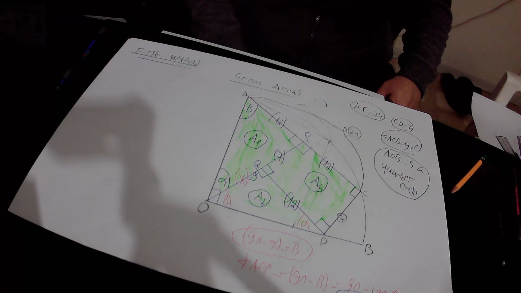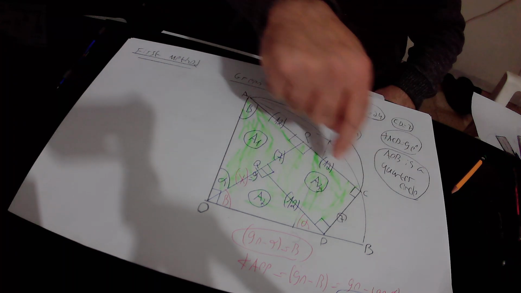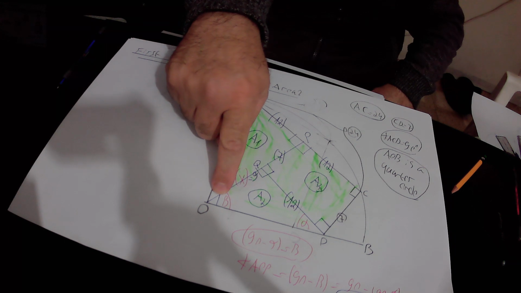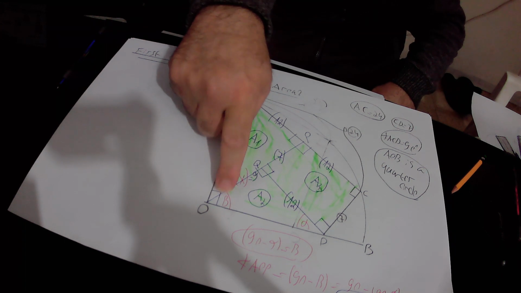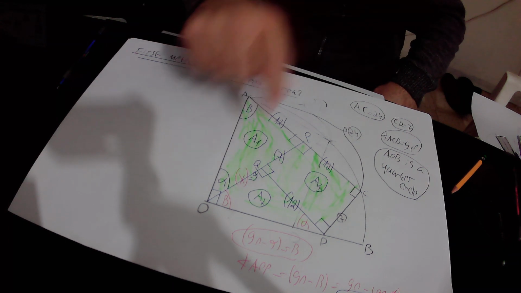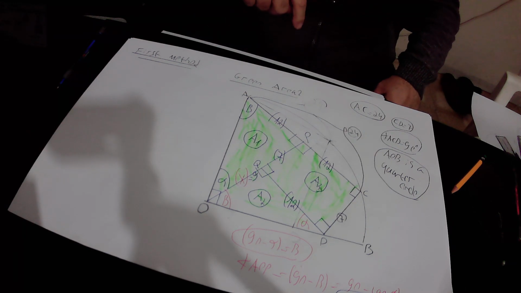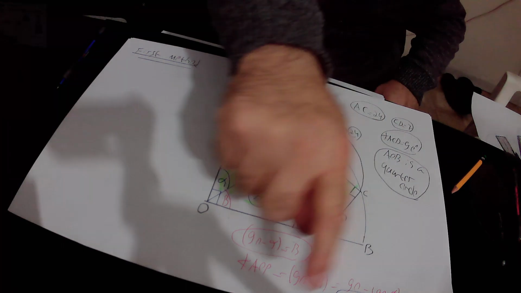So first of all, because AOB is a quarter circle, it means that this angle AOB equals 90 degrees, and point O is the center of the circle that we can create by completing this quarter circle to a circle.